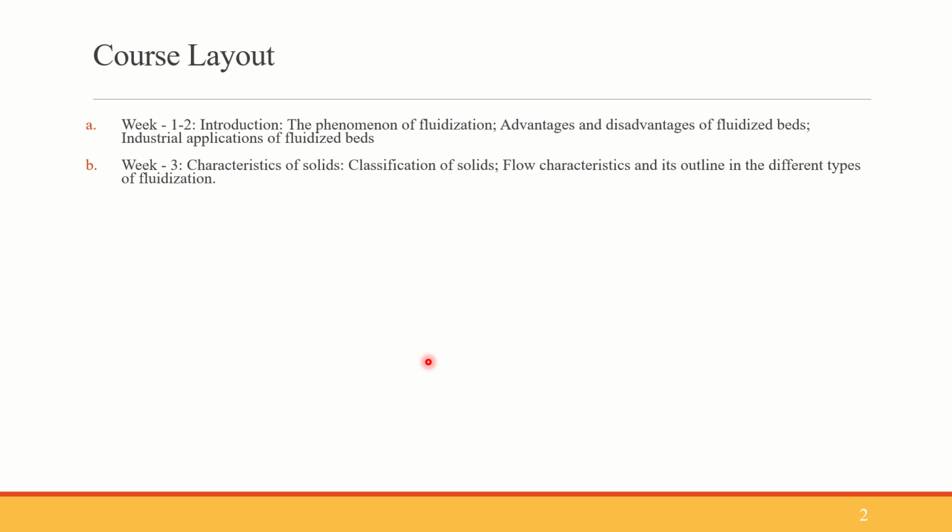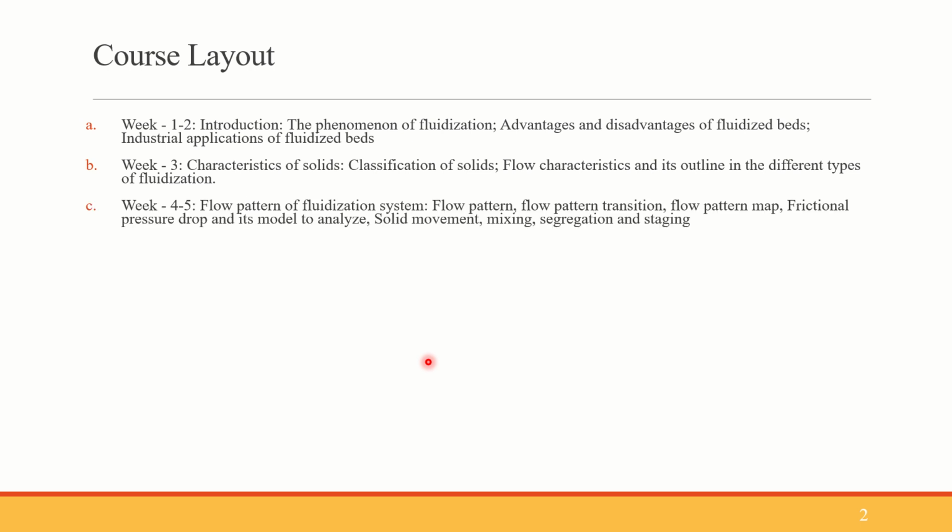So also, apart from this, there are various regimes of fluidization based on the inlet fluid velocity. When the fluid velocity is very low, the particles do not move. So we call it a fixed bed or packed bed. With increase in velocity, the pressure drop also increases inside the bed.